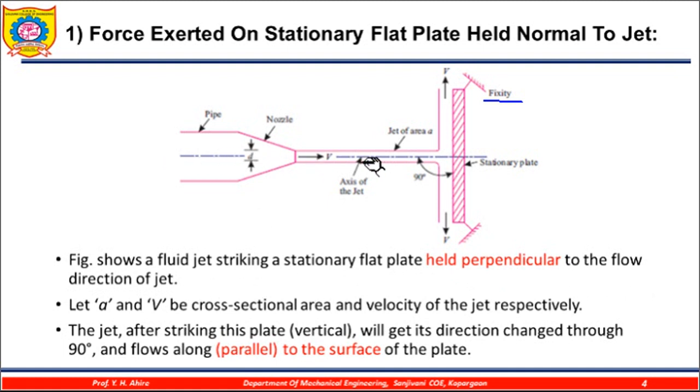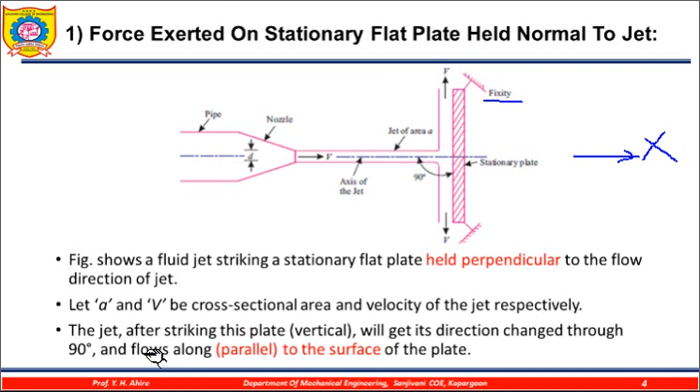The initial flow direction of the jet can be called the x direction. Suppose this is the x direction. Let small a and capital V be the cross sectional area and velocity of the jet respectively.